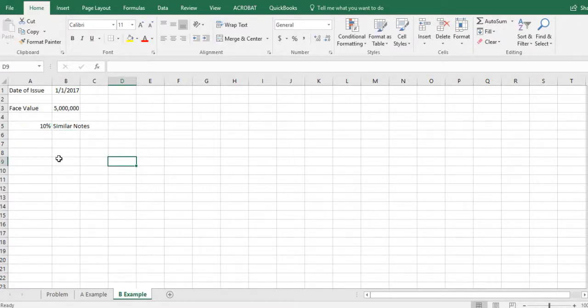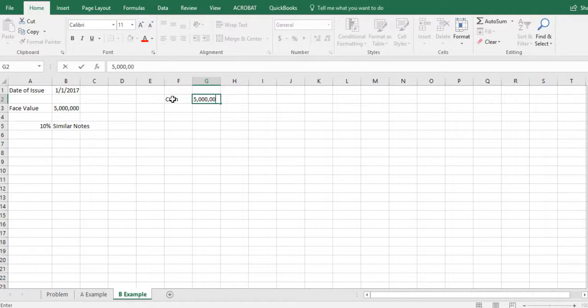So the first thing we know is that we received cash, right, of $5 million. We also have a notes payable of $5 million. Well, isn't that just a conundrum because we don't have anything to discount yet, per se.